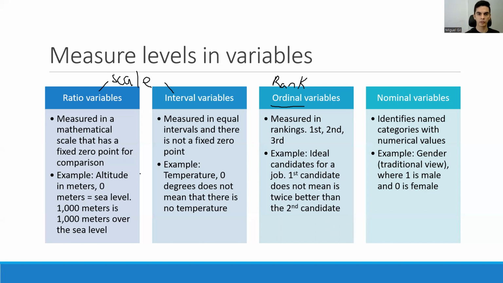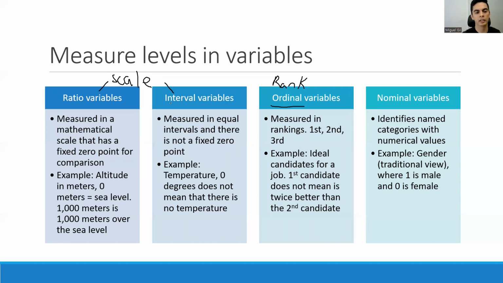Maybe if you are recording the time, for example, for a car or a runner, then 0 means 0 time, absence of time. And then from there, you can have like 50 seconds, like the first place ended up in 50 seconds and the second place in 52 seconds. So that will be a ratio variable because 0 means the absence of time. And then the differences between the observations actually tell you how much faster one person was compared to the others.